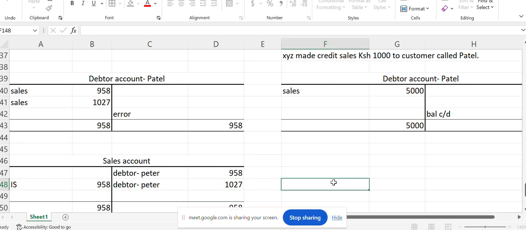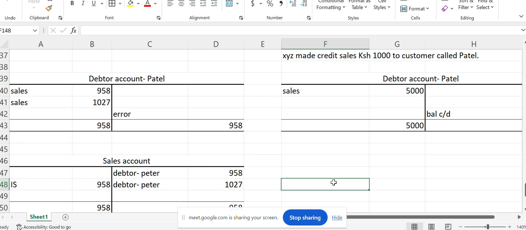Remember, the first set of transactions is supposed to be 985. That's an error. In accounting, you are supposed to record the actual transaction. So these two transactions have an error. But you've compensated the error by overstating the second transaction, because you had understated the first transaction.